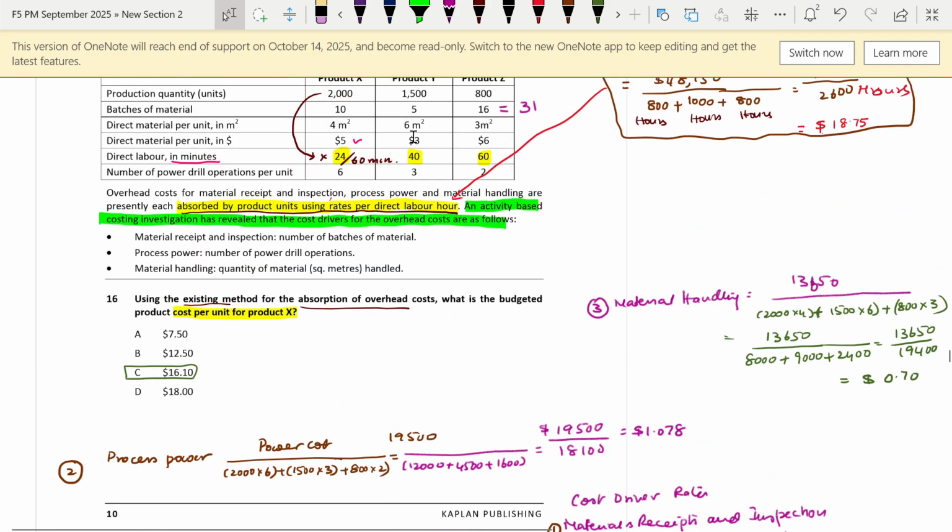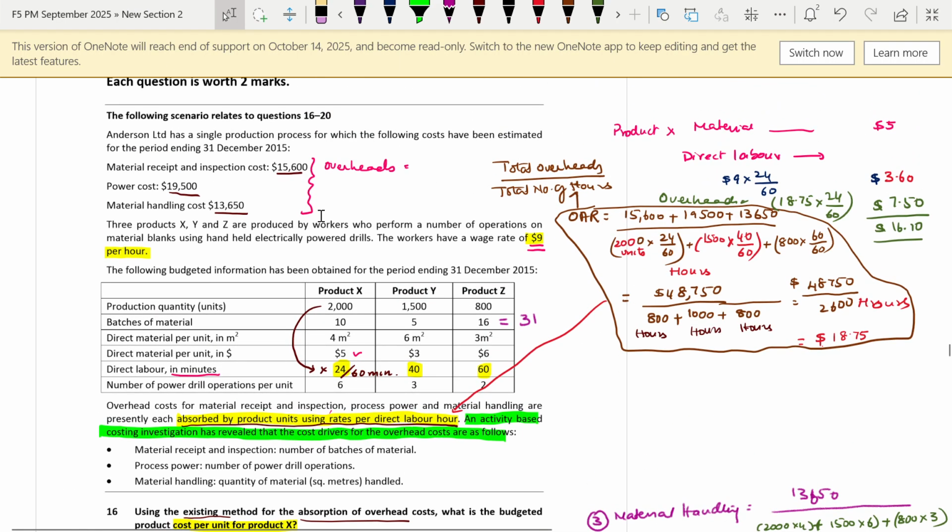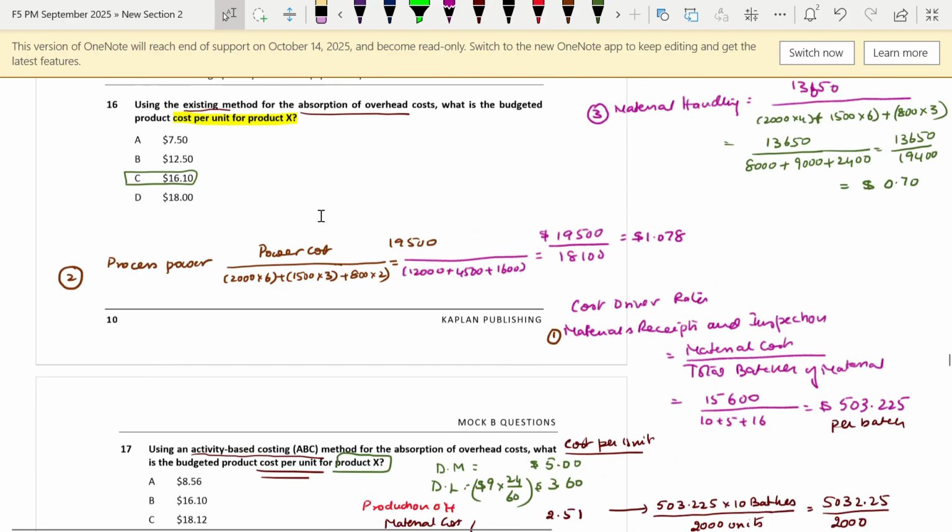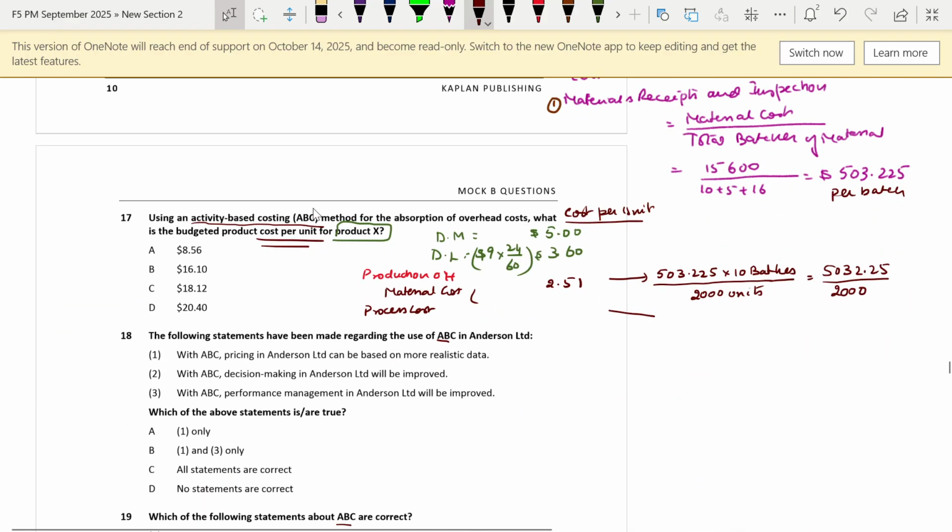How many processes are there for Product X? 6. Is it right? 1.078 times 6. Check again.